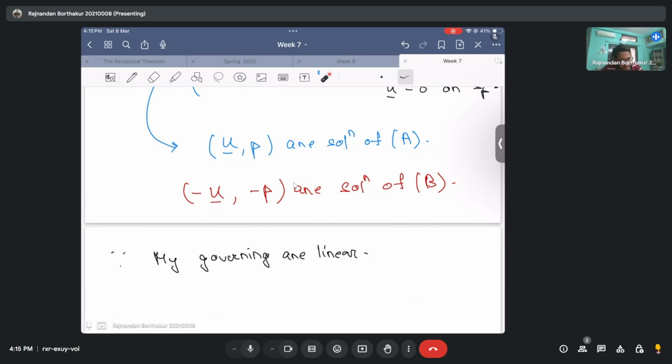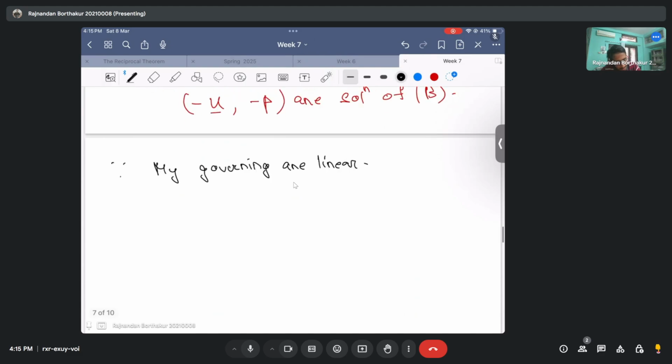Which means that the magnitude of the drag force in solution A will exactly be equal to the magnitude of the drag force in solution B, because the solutions just differed by a sign only, right?